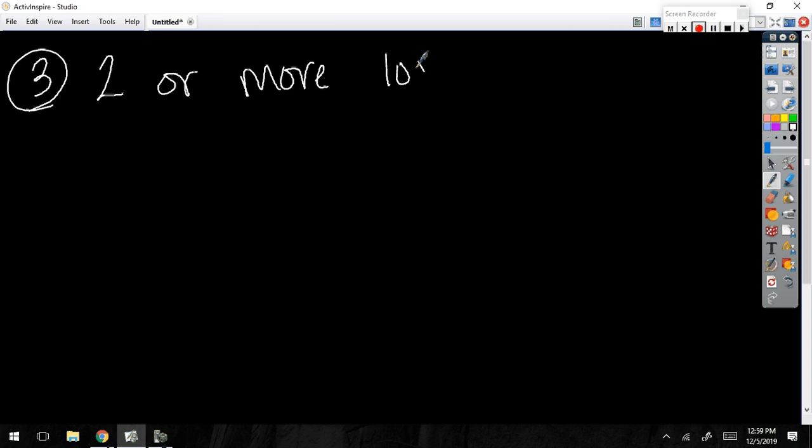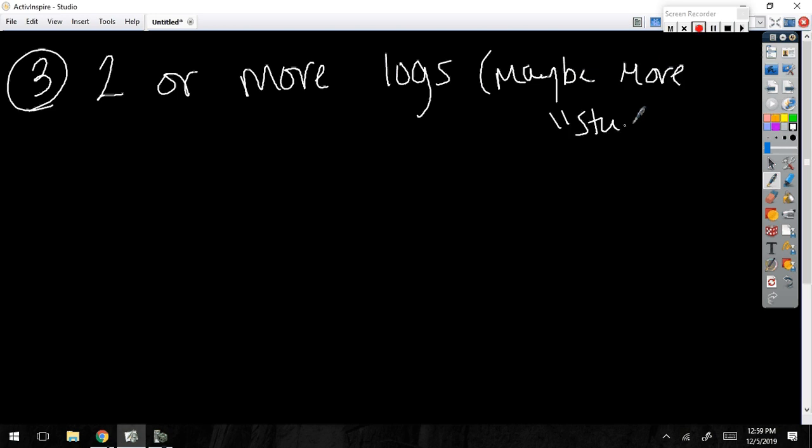Two or more logs. Maybe more stuff. Maybe you're adding something or subtracting something. You have all kinds of stuff, but at the end of the day, you have two or more logs.